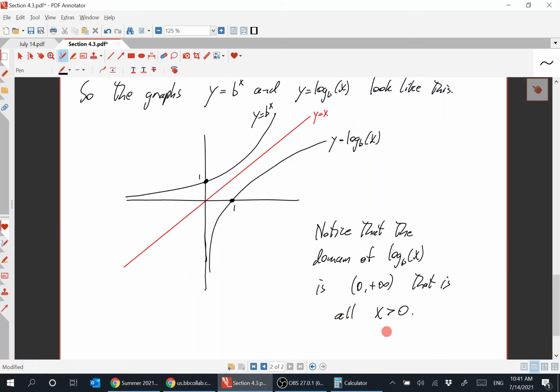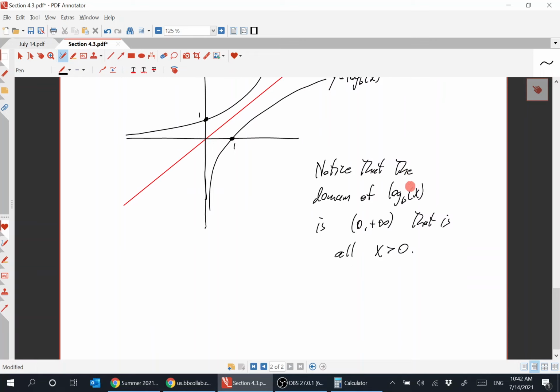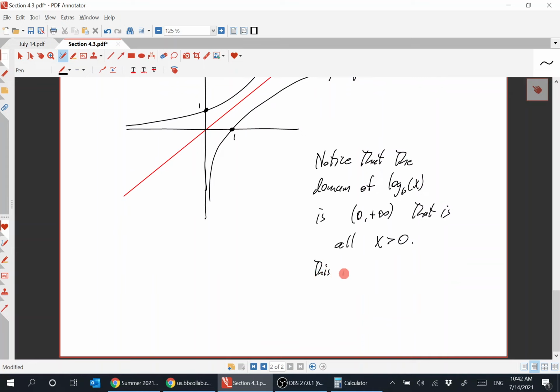You can't take the log of 0. Exponential functions are always positive, never 0. Therefore, the domain of the log function, the inverse of the exponential function, has to be just all positive numbers, because that's the range of b to the x, which is 0 to plus infinity.